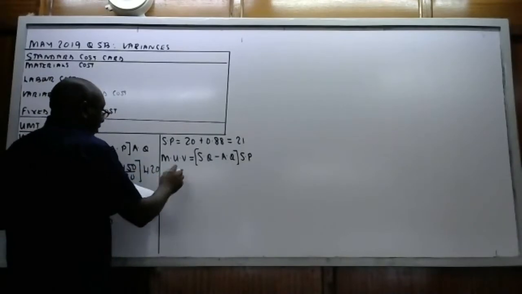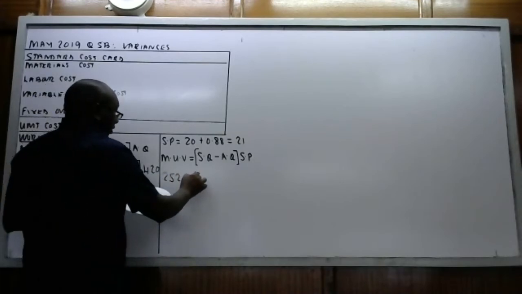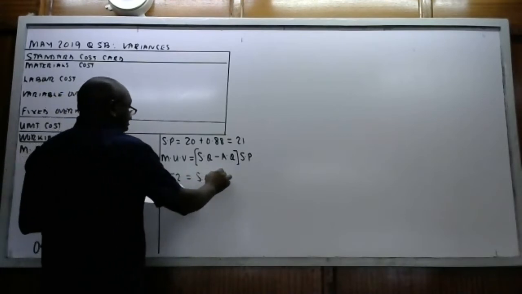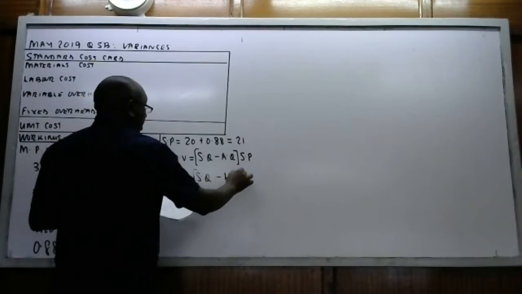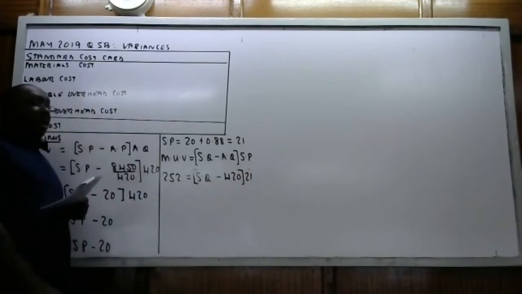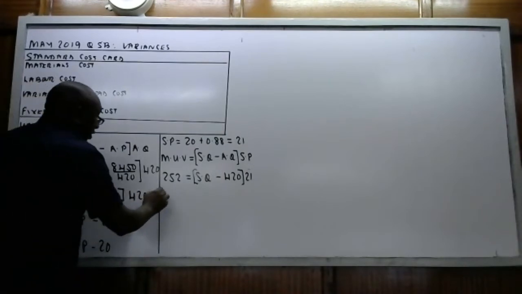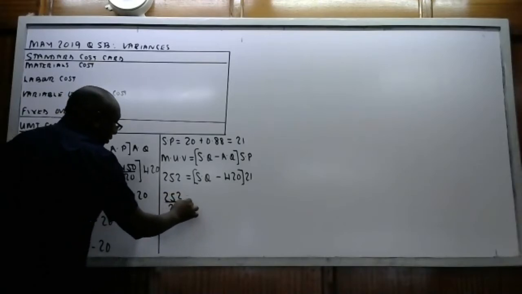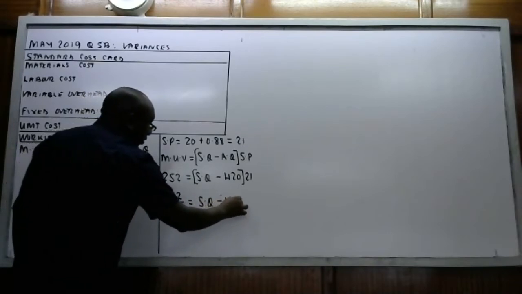Standard quantity we do not know, but we know the actual quantity was 420, and the standard price we have found is 21. So if you take 252 and divide by 21, then you say SQ minus 420.